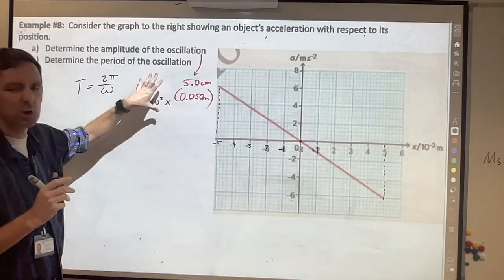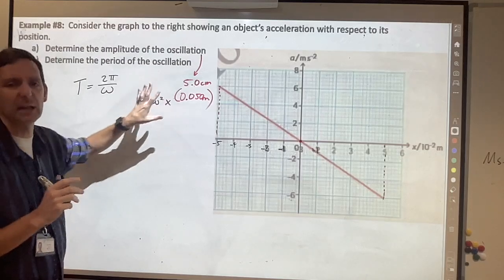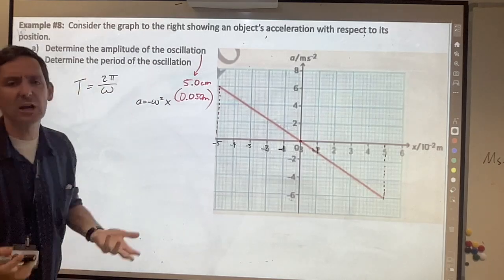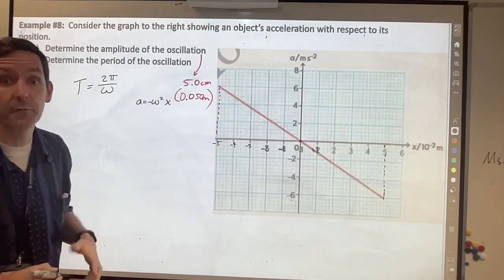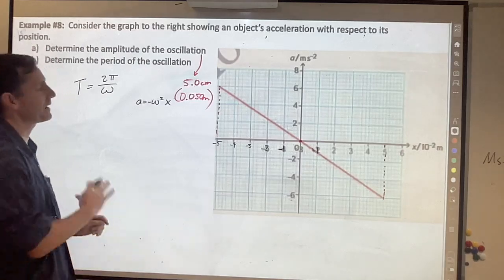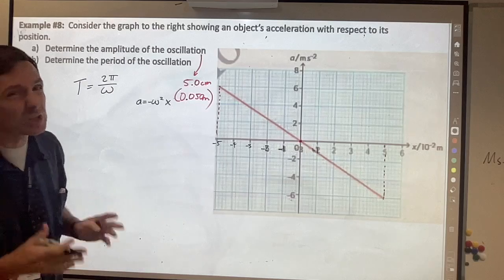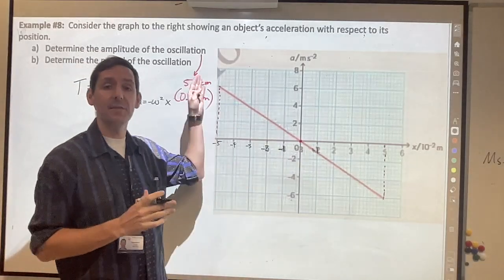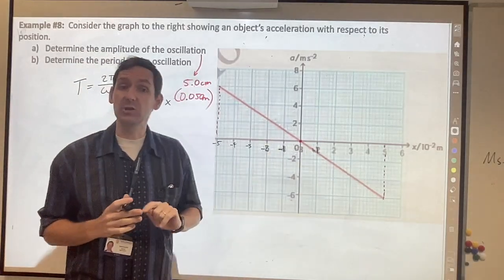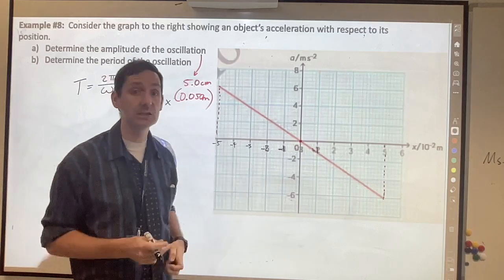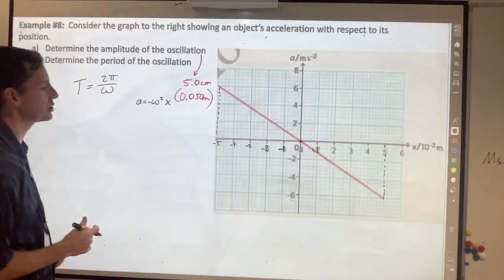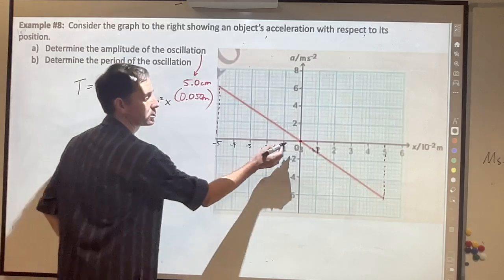So if you want, you can algebraically solve for omega and you can plug that in, but here it's simple enough just to solve for omega. So I can pick any point on the graph. It's usually best to pick a point that is as far away from the center as possible. That will decrease our uncertainty, especially the percentage. So I'm going to choose this point over here.